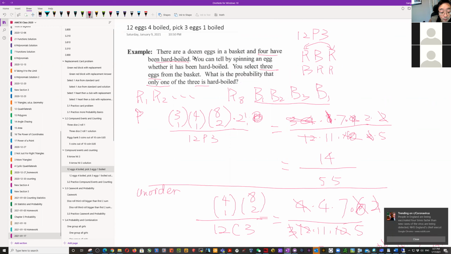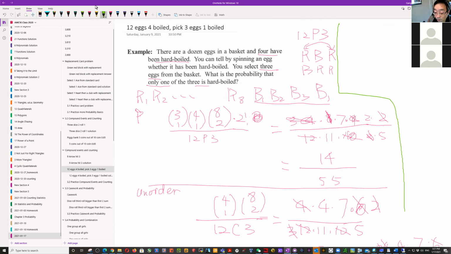Let's also try to use the probability way. Probability way obviously is that we actually have 3. So this is more kind of display of different arsenal you have. The model is that 8 raw and 4 boiled. So let's say the first egg is boiled, then the next 2 is raw.